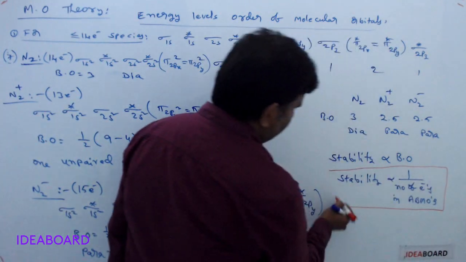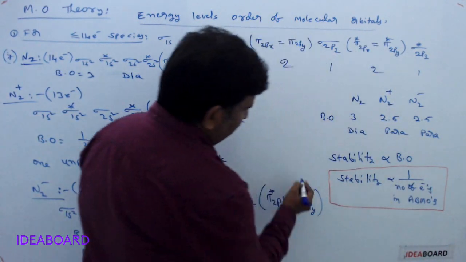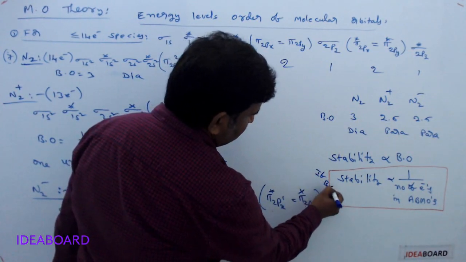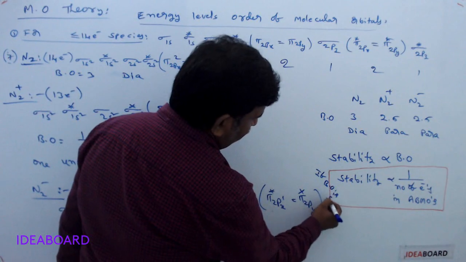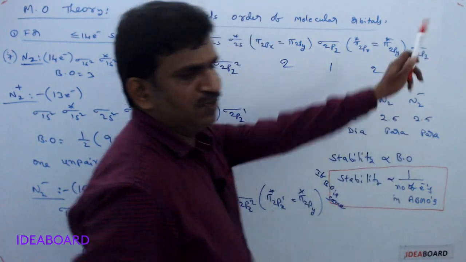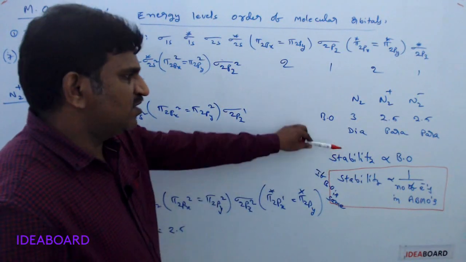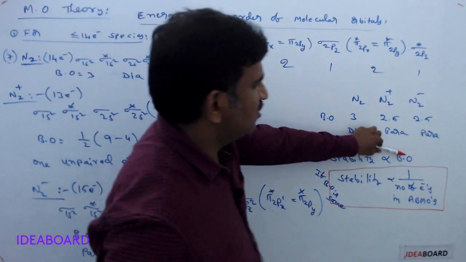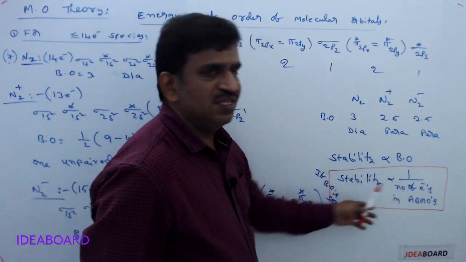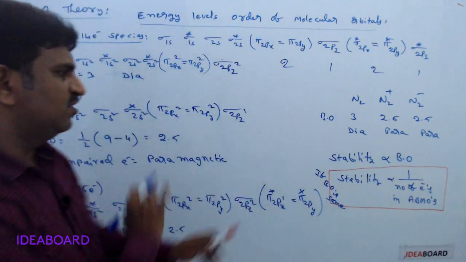You apply this formula only if the bond order is the same. If the bond order is not the same, directly, the more the bond order, the more the stability. If the bond order is the same, then only you apply it to calculate antibonding.